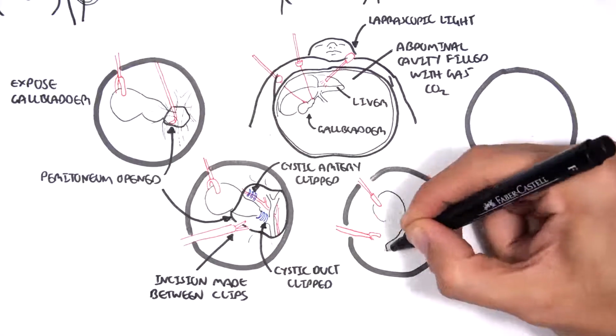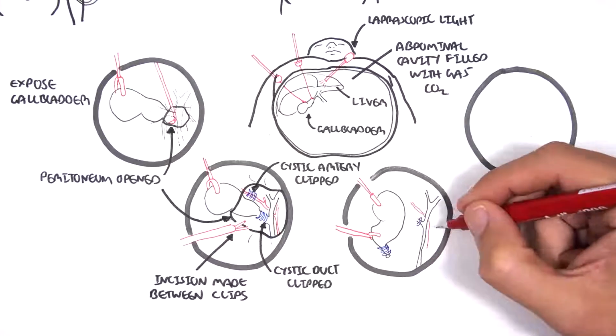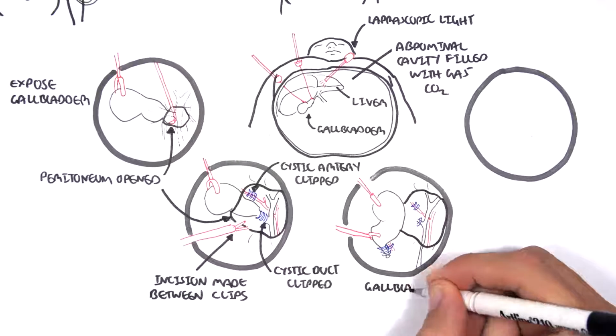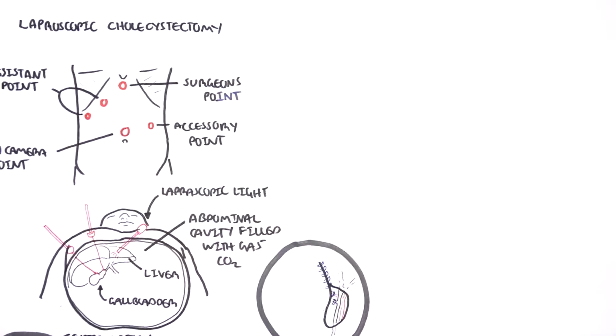This is in order to prevent spillage of contents within the ducts. Once the incisions are made, the gallbladder can be safely removed. The cystic artery is clipped so it doesn't bleed out. And the cystic duct, remember, was clipped and so it doesn't spill anything as well. When the gallbladder is removed, everything is put under the visceral peritoneum once again. It's stitched up and the surgery is done.